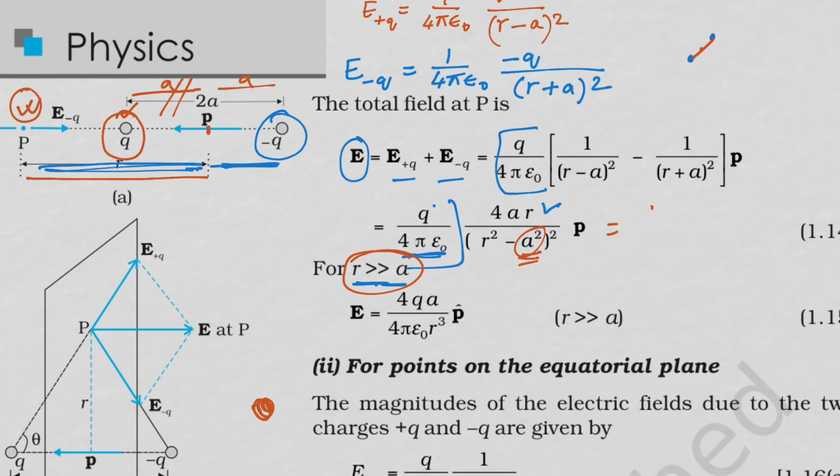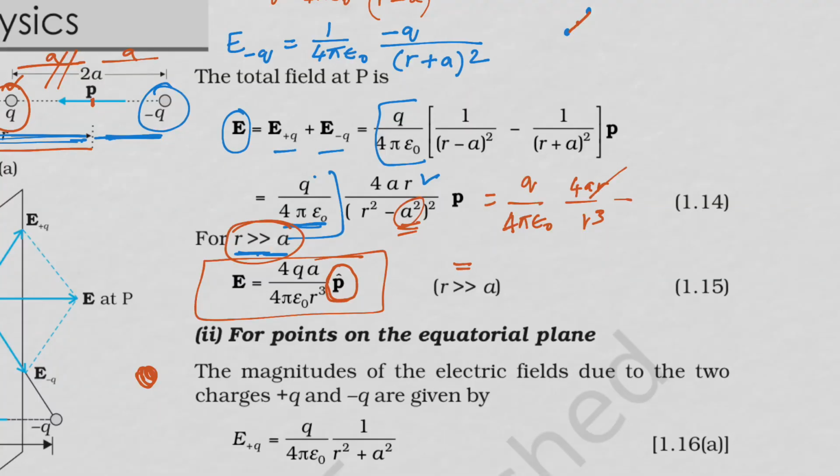So it will become Q upon 4 pi epsilon naught, 4AR divided by R to the power 4. And since we can cancel this R, the new power of R in the denominator will become R to the power 3. That you can see right here. Our electric field is equal to 4AQ divided by 4 pi epsilon naught R cube, in the direction of the vector P. And further you can write it in a better way.